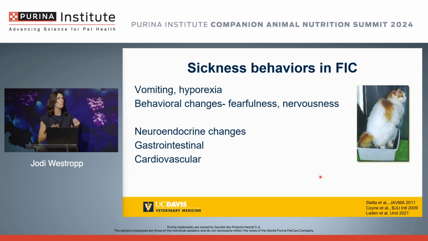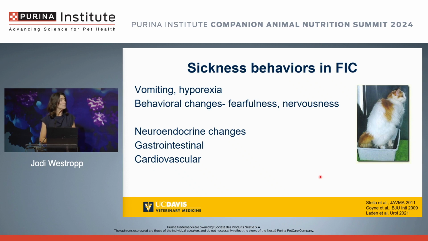Moreover, in cats as well as humans, this disease is associated with a fair number of systemic comorbidities. Vomiting sometimes occurs and hairballs a lot in these cats. Hyporexia. We see increases in fearfulness and nervousness in some of these cats. I mentioned some of the neuroendocrine and some GI changes that occur.